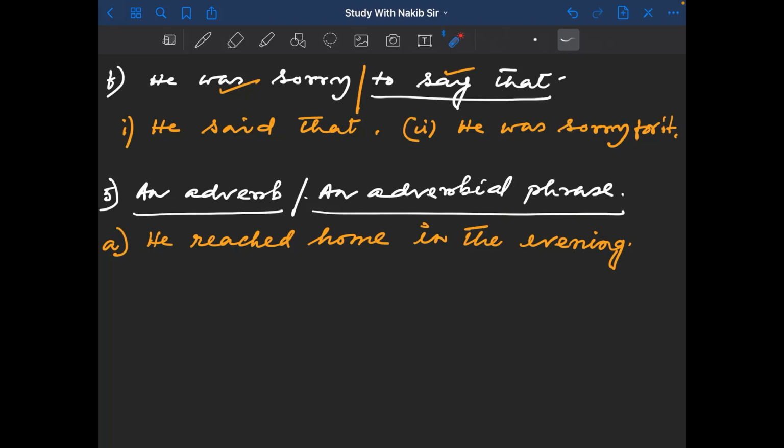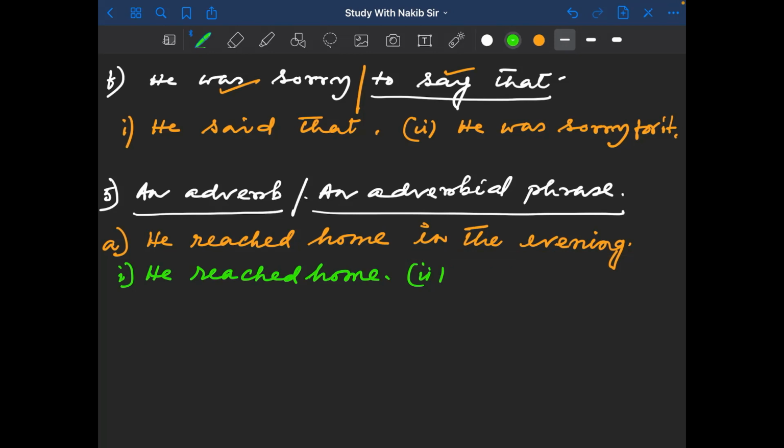So for this adverbial phrase, we will make one separate sentence. Okay, so we can break the sentence this way. Number 1, he reached home. He reached home. One sentence. Another sentence is for this part.